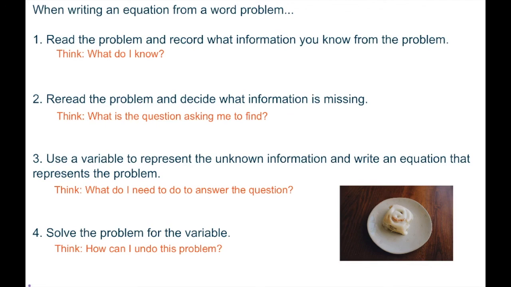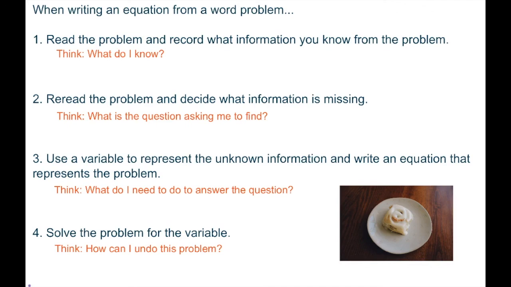So our thinking steps for today's lesson are very similar to the previous lesson when we were looking at expressions. We're still reading the problem and recording what information we know. We're still rereading the problem and deciding what information is missing. We're using a variable to represent that unknown information.